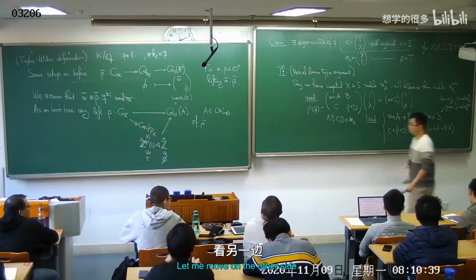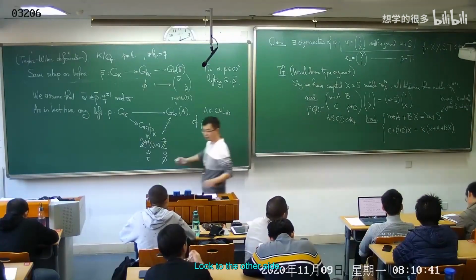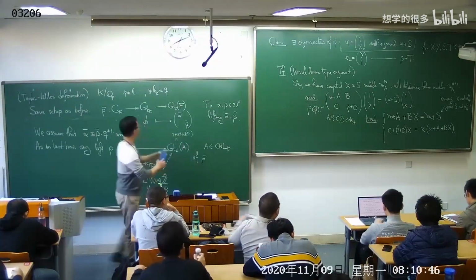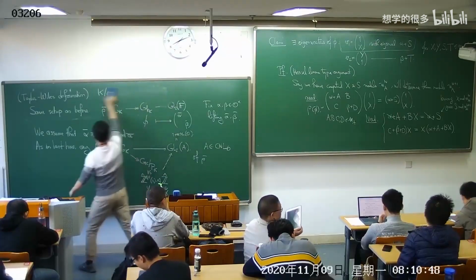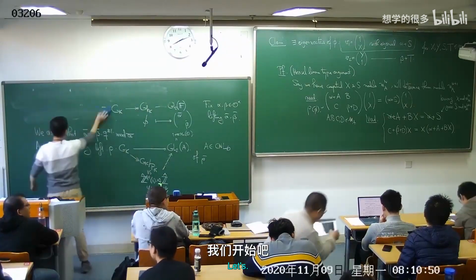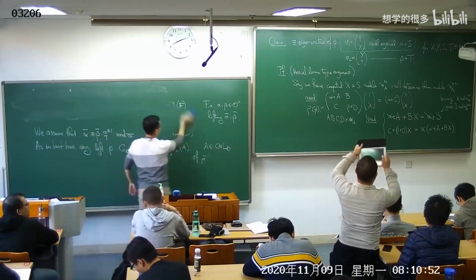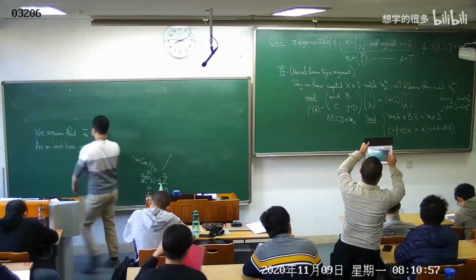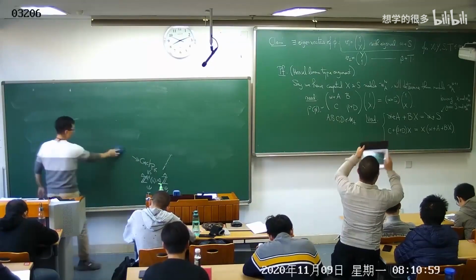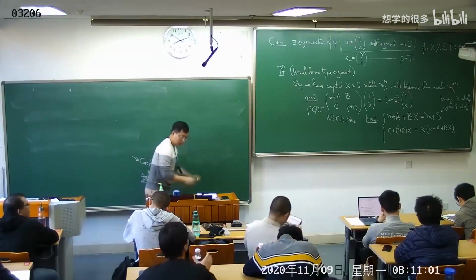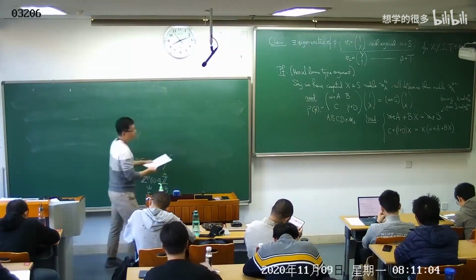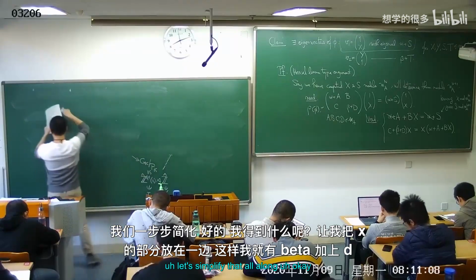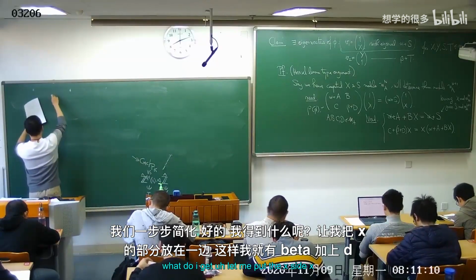So this is a typical Hensel lemma type of argument. So what do I want? Let me move things to the other side. Let's simplify that a little. What do I get?